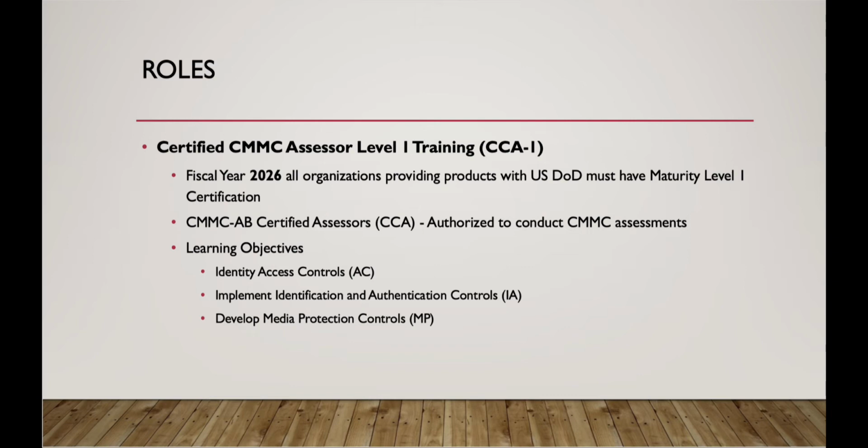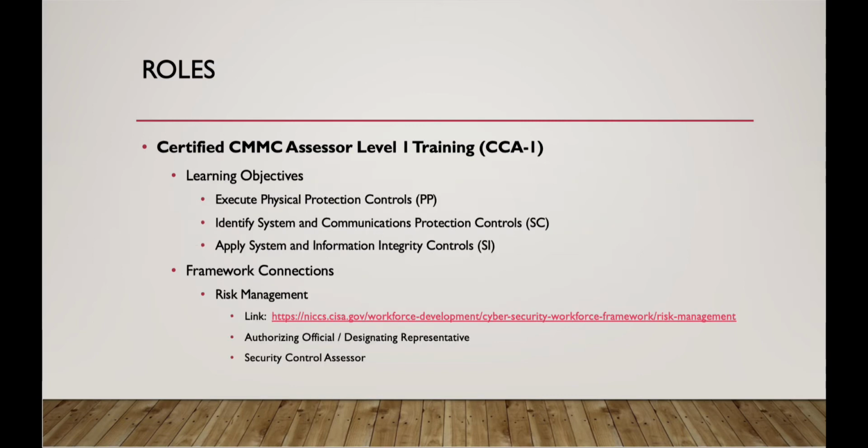So assessors will go and assess organizations. They will look into some key pieces around identity access controls. They will look at identification and authentication controls and then media protection controls. Those are some of the key aspects around a CCA1 and what you will look for. Also physical protection, communication protection, and then information integrity controls.